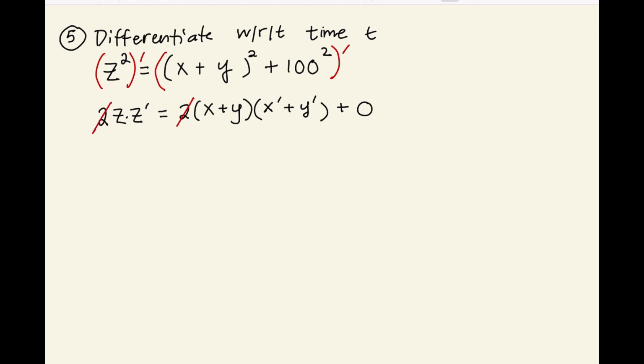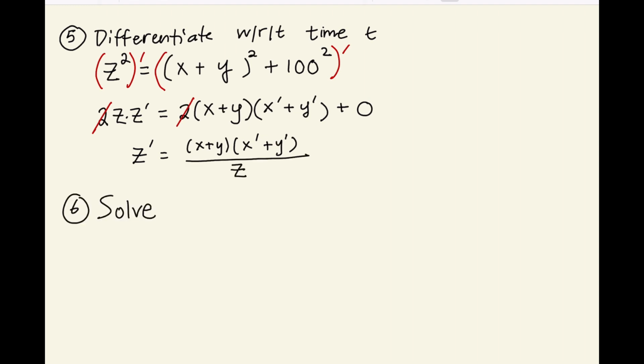So I'm dividing both sides by 2. And I'm just going to solve for z prime, because that's our unknown that we're looking for. And I get (x plus y) times (x prime plus y prime) over z.